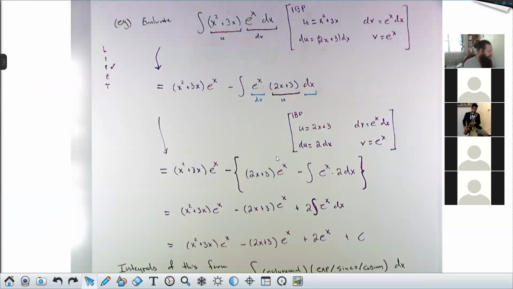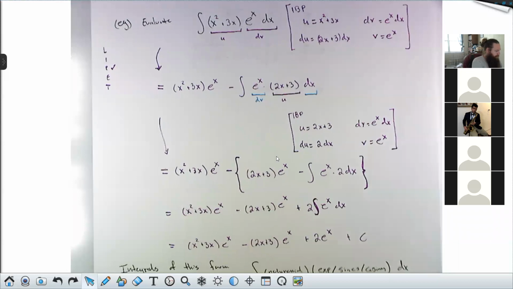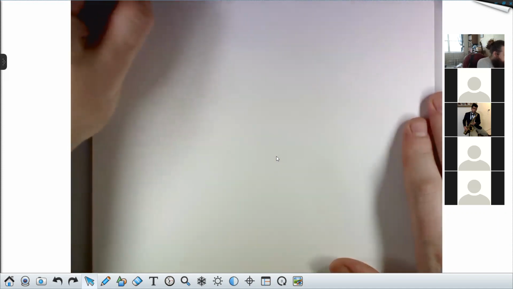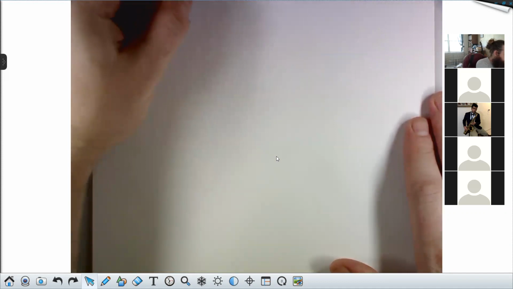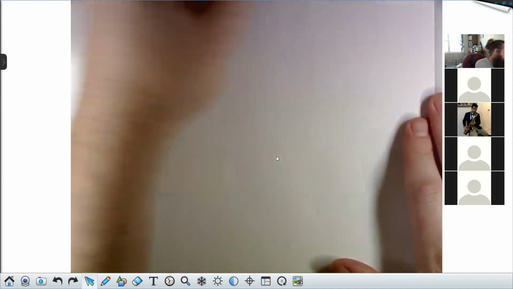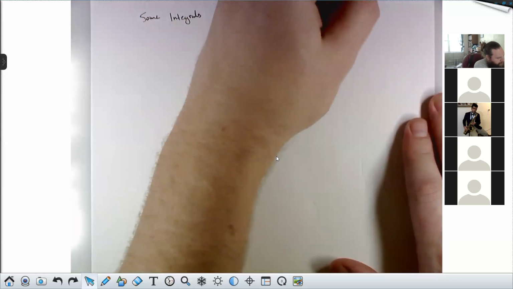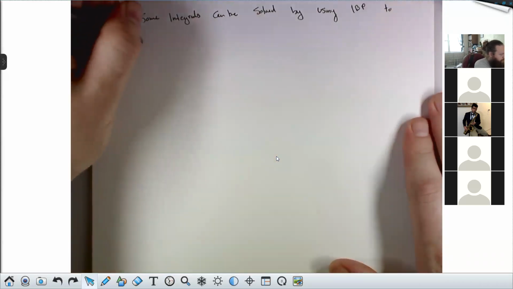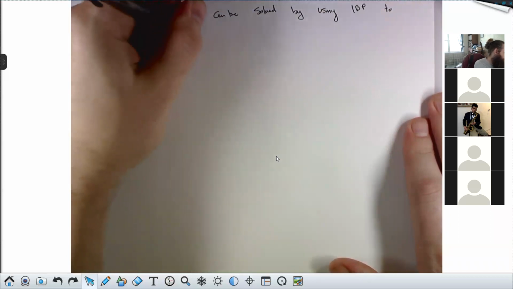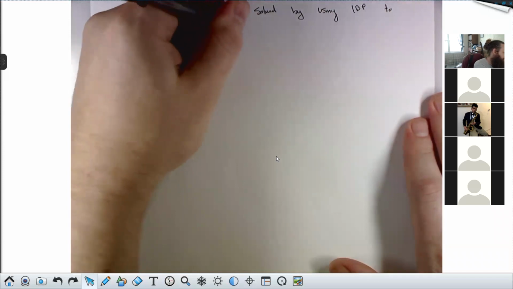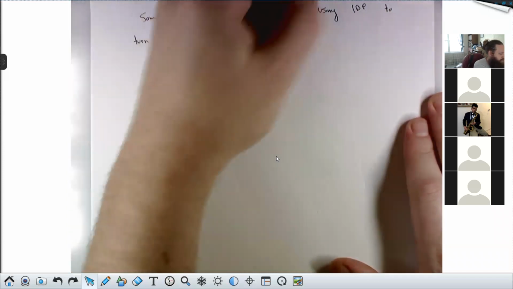Let me go ahead and show you something. Some integrals can be solved by using IBP to turn the calculus problem into an algebra problem.